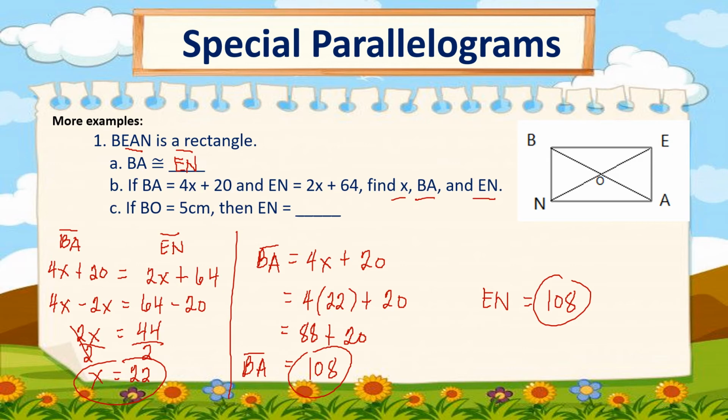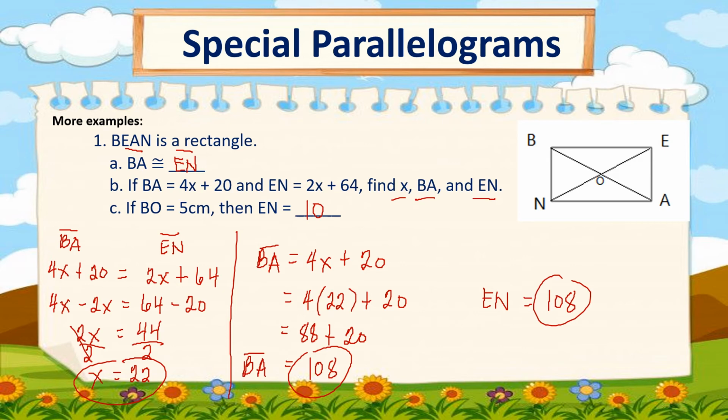Let's answer letter C. If BO is 5 centimeters, then EN is equal to 10. So why did we say that EN is equal to 10?